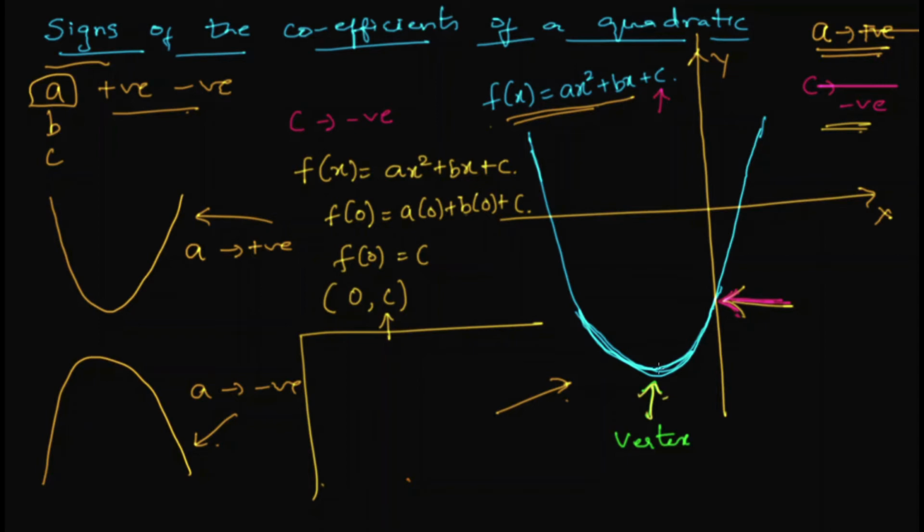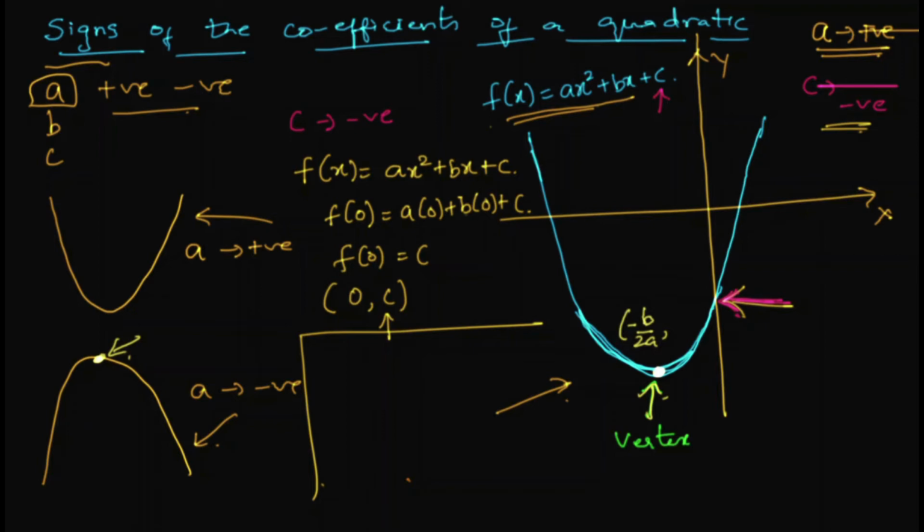The vertex is the minimum most point on the parabola when the parabola opens upwards, the lowest most point of the parabola. If the parabola opens downwards, it would be the highest. So vertex would be here if it opens downwards. The vertex would have x coordinate as minus b over 2a.